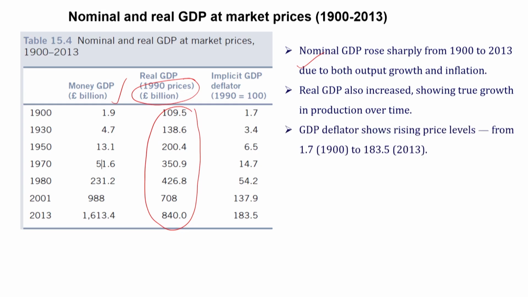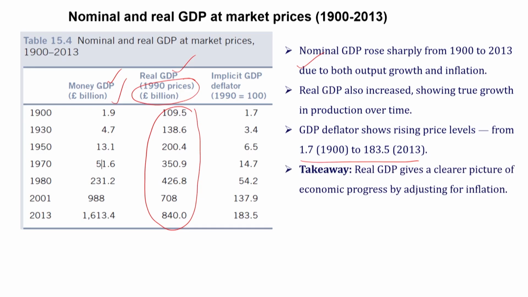Another reflection is that the GDP deflator shows rising price levels, because when we divide money GDP by real GDP times 100, we get the implicit GDP deflator. Assuming 1990 as 100, you can see the price level increasing from 1.7 to 183.5 in 2013.